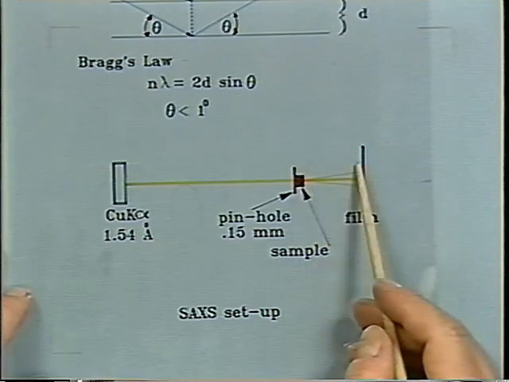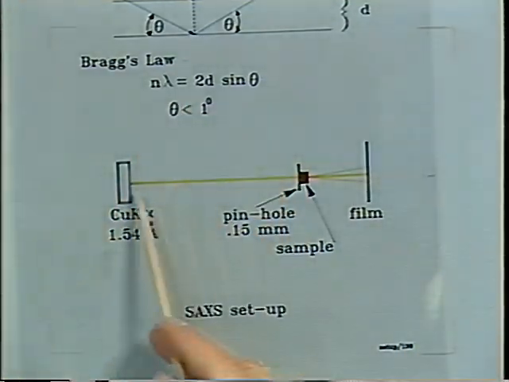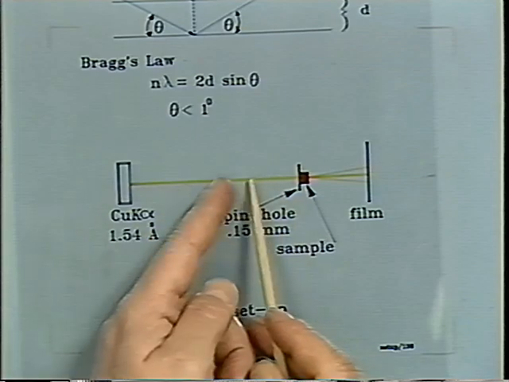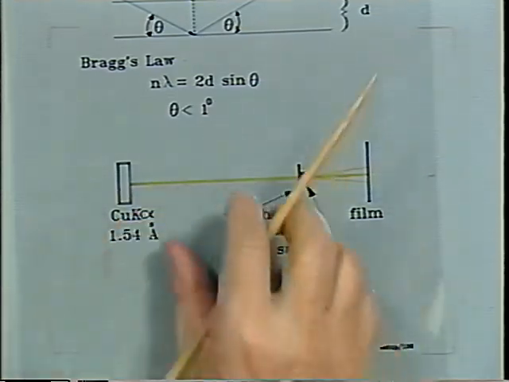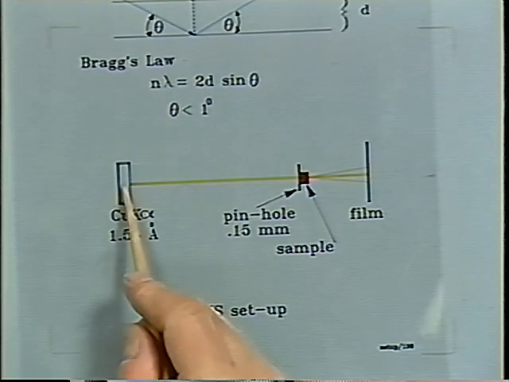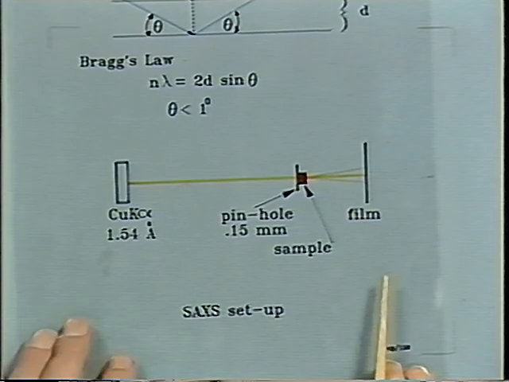This distance is about 23 centimeters, and that distance is actually very close. It's just 15 centimeters, so the distance is reversed in that drawing. This source should be very close to the sample and pinholes in between.